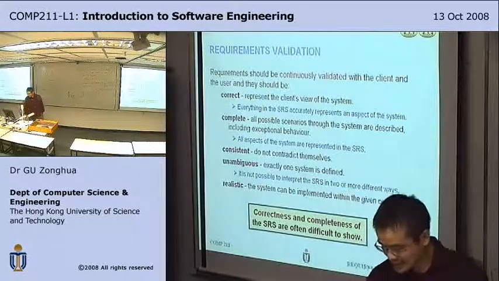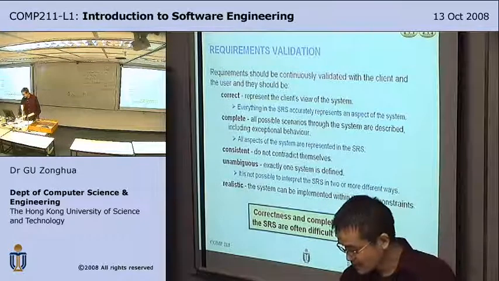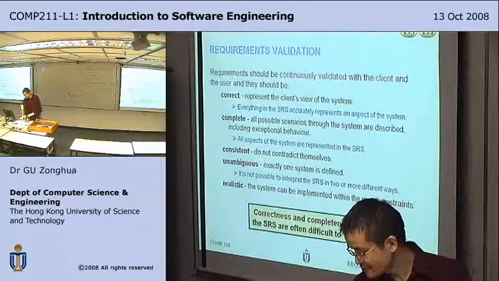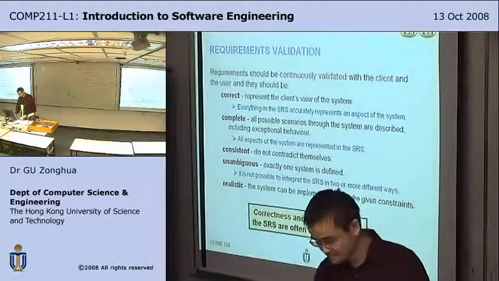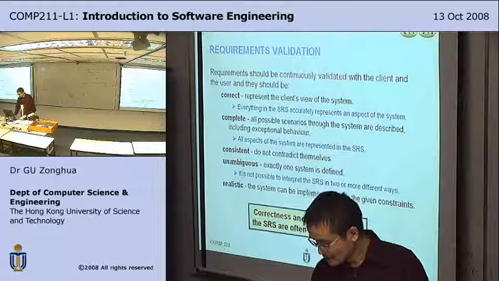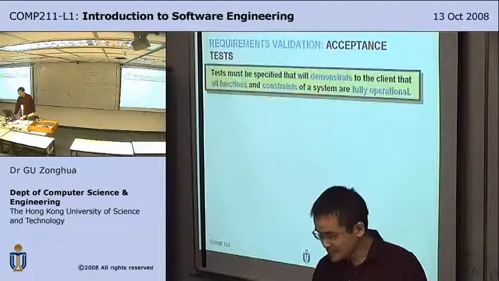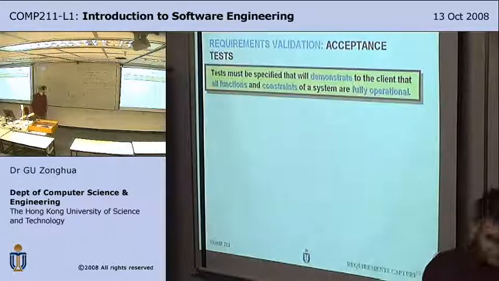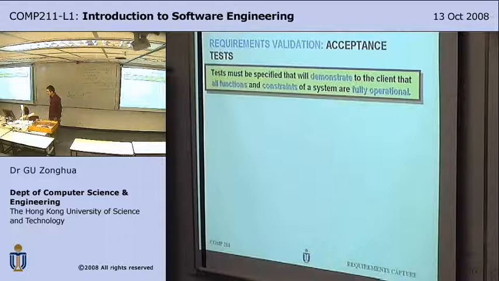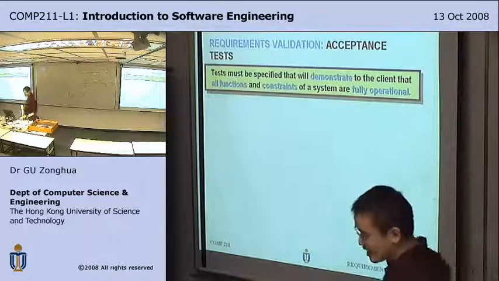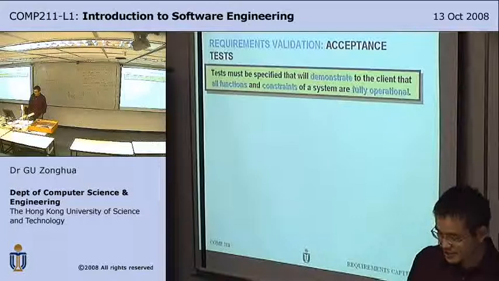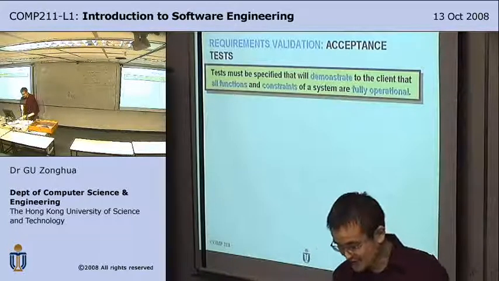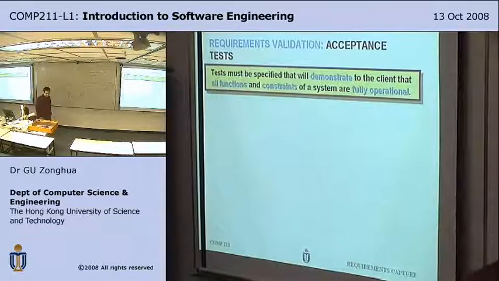So correctness and completeness of the SRS are difficult to show. Therefore, we need acceptance tests. So tests must be specified to demonstrate to the client that all functions and constraints of the system are fully operational.